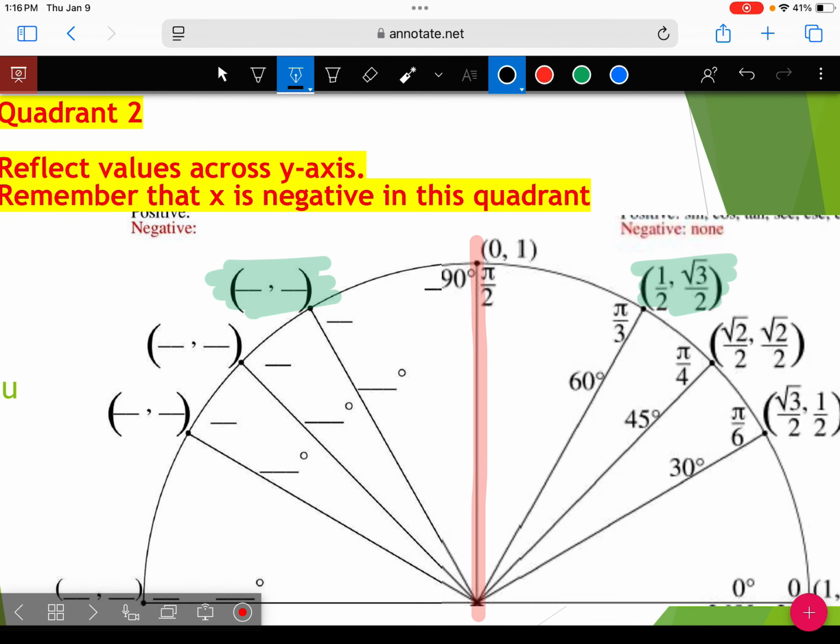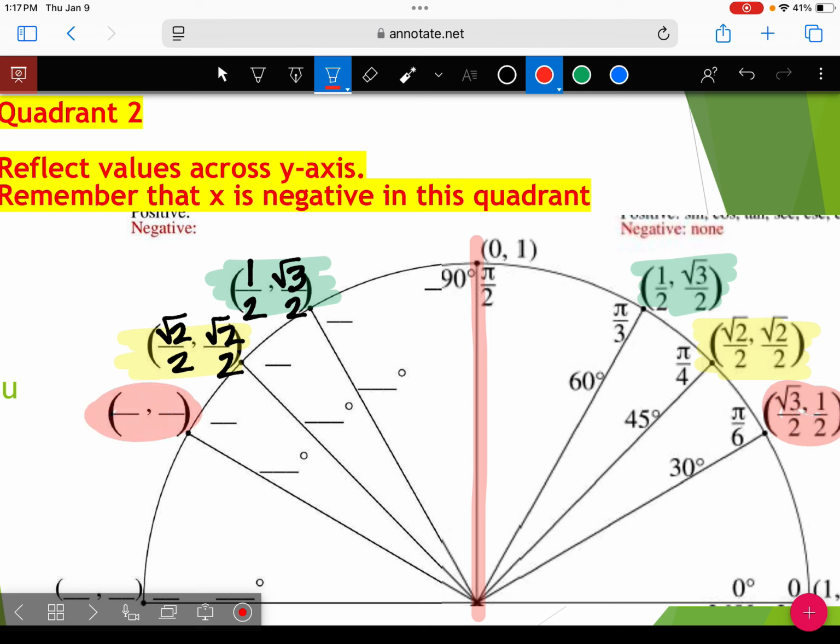So I want you to put your 1/2 and your √3 over 2. And then whatever you have here is going to be the same here. So put your √2 over 2 and your √2 over 2. And then here, you're going to write that here. So you will put your √3 over 2 and your 1/2.